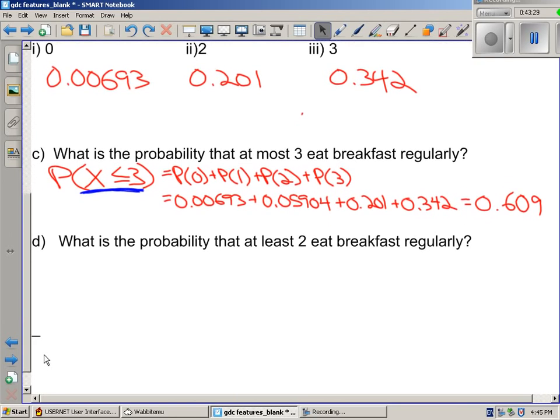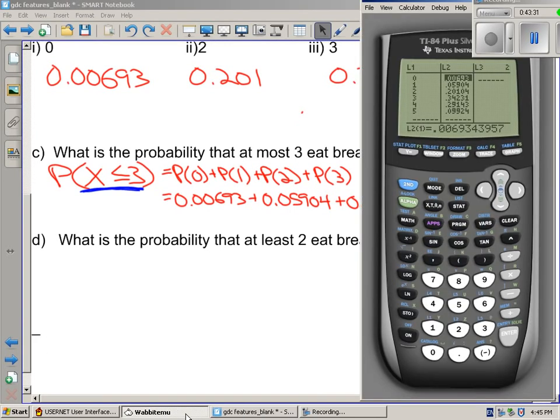So if I wanted to get out of my lists and do a binom CDF on this, I can quit, go second vars. It's just below the binom PDF. There's the CDF. The number of trials is 5. The probability of success is still 0.63. And we're looking at for at most 3 eat breakfast, so the X value is 3.